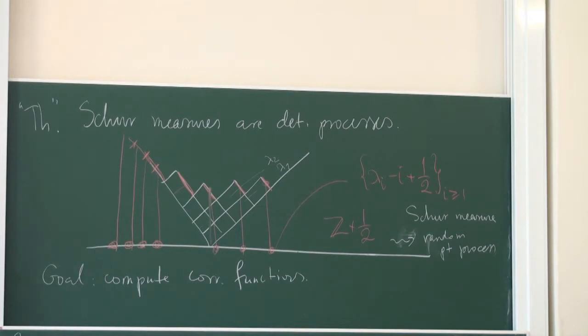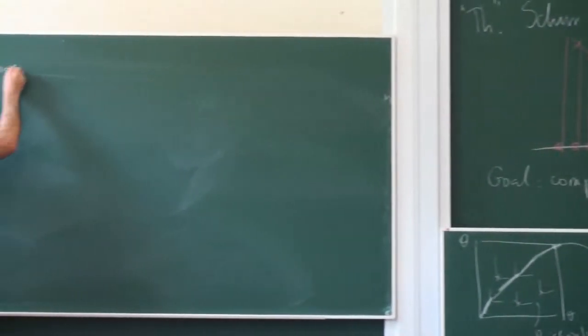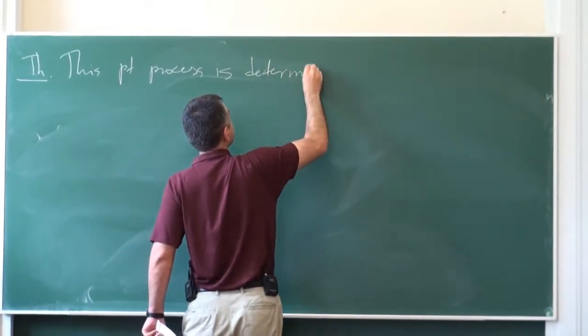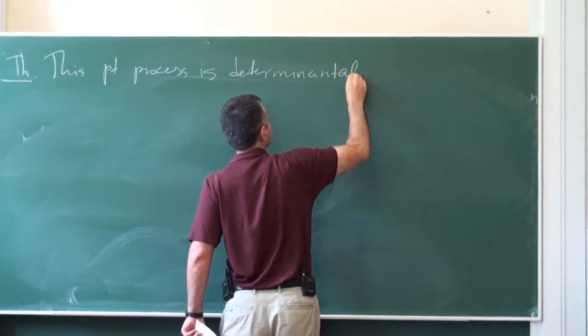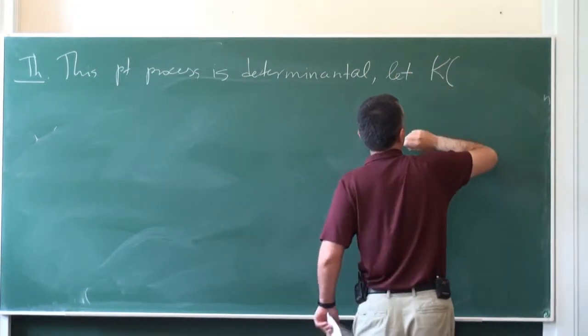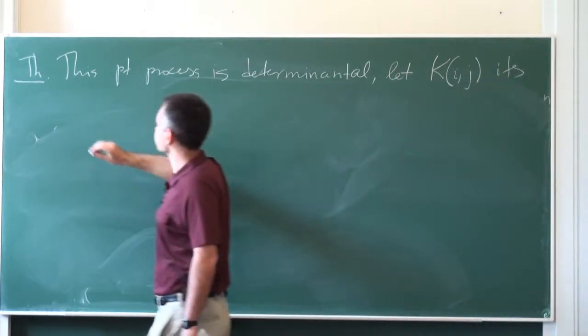Okay, now I can actually state the theorem. This point process is determinantal. So let me denote by K_ij its correlation kernel.